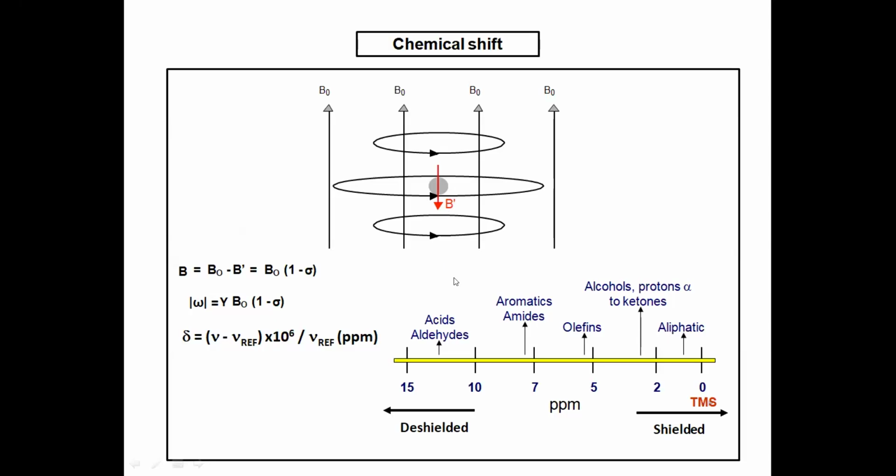That induced field may be in the direction of the applied field, in which case it reinforces the field and generates a de-shielded signal. A de-shielded signal occurs at a lower magnetic field as compared to the normal one.